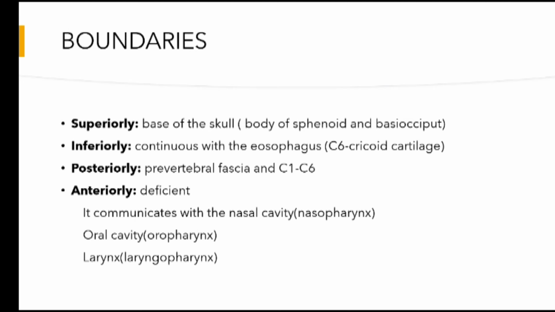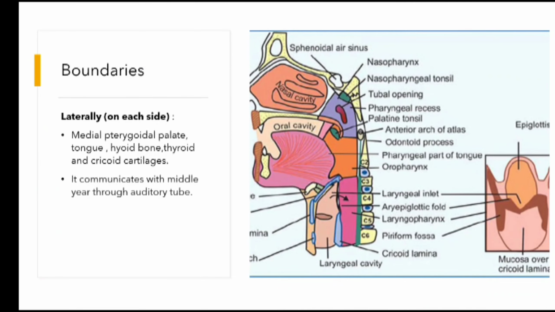Anterior boundaries are deficient as it communicates with the nasal cavity through nasopharynx, with the oral cavity through oropharynx, and with the larynx through laryngopharynx. And on the lateral sides, we can see the medial pterygoid plate, tongue, hyoid bone, thyroid, and cricoid cartilages. And also it communicates with the middle ear through the auditory tube.